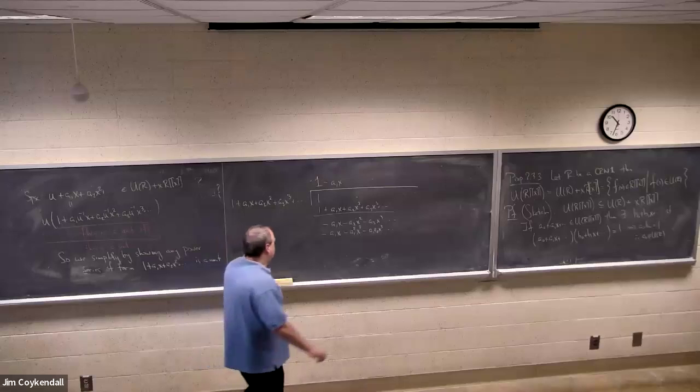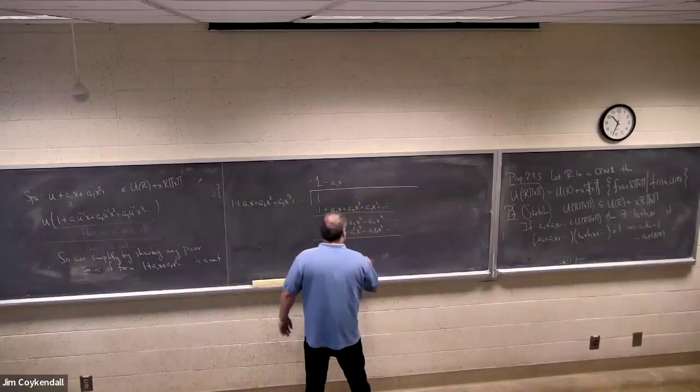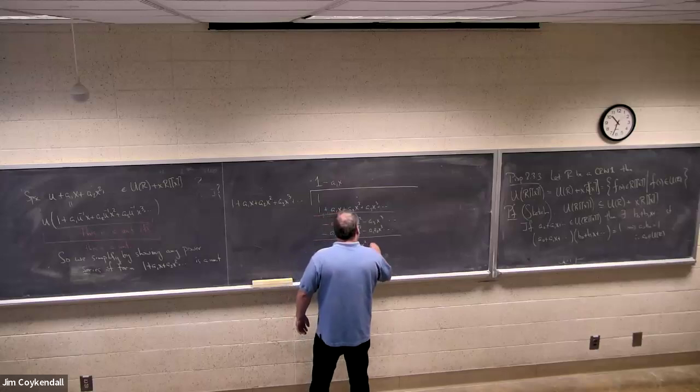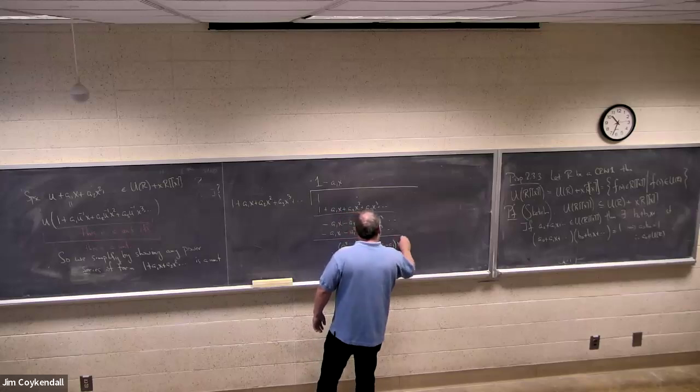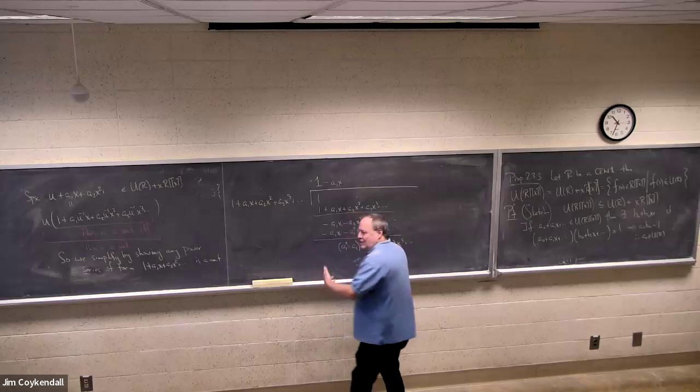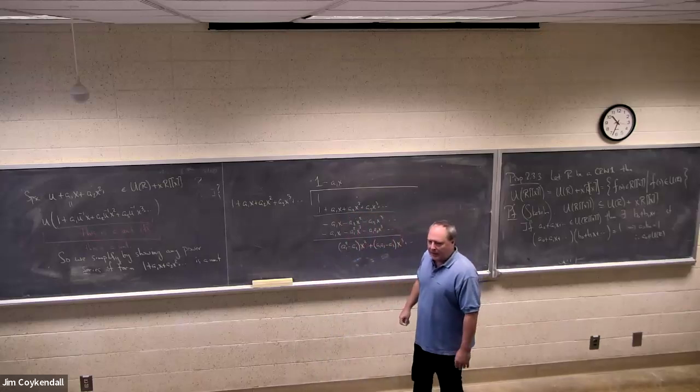And you subtract again. And so I get something like a1 squared minus a2, x squared, plus a1 a2 minus a3, x cubed. You continue this process, right?